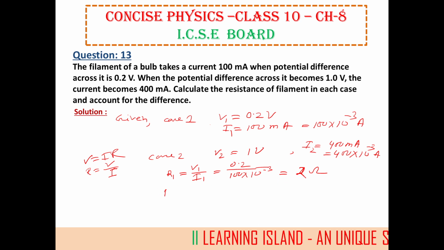Now R2 equal to V2 by I2. So V2 is 1 volt by 400 into 10 to the power minus 3 ohm.